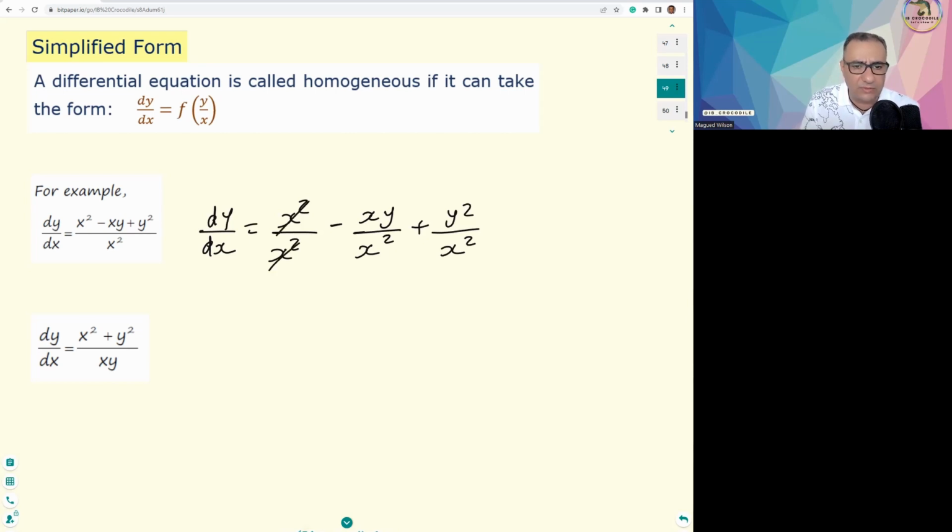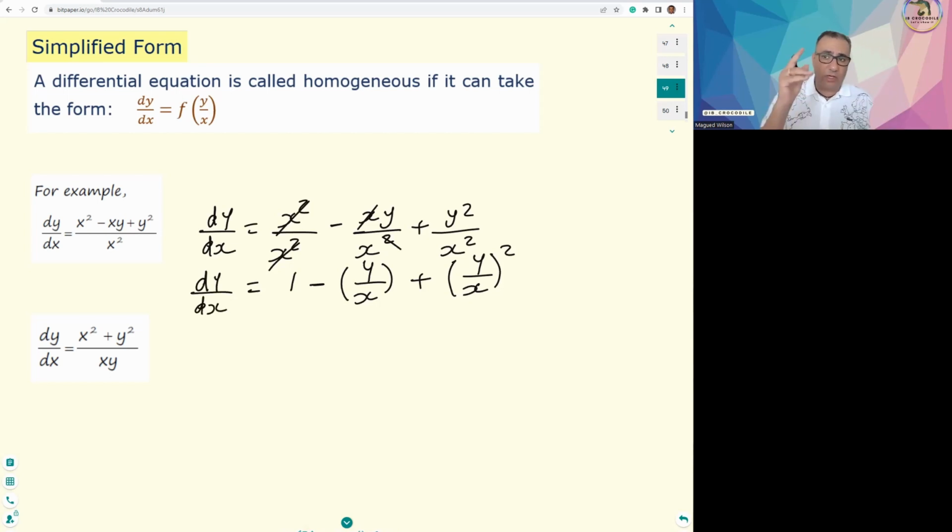So this will cancel out, so you end up with 1, and then minus, okay, I can cancel x with the square down here, so you have y over x, and then here I can rewrite this as y on x all to the power of 2. So once I could rewrite the dy by dx as a function of y on x, this is the green light to me for a homogeneous differential equation, and then I will explain how to solve this type of differential equation.